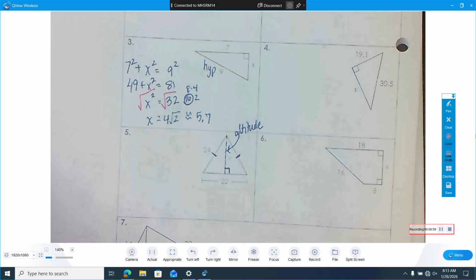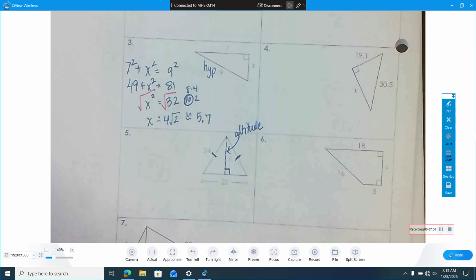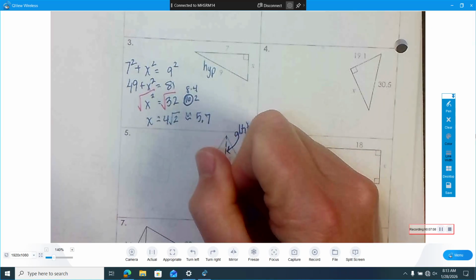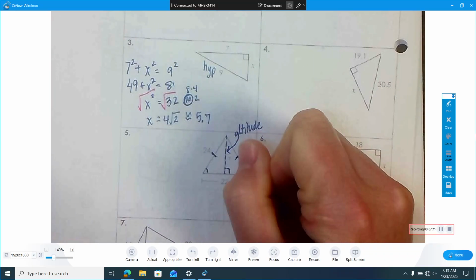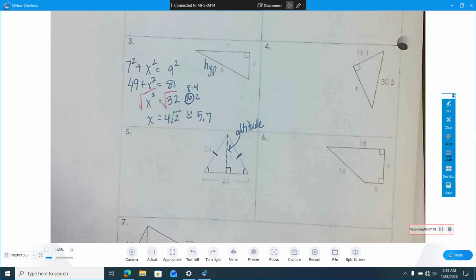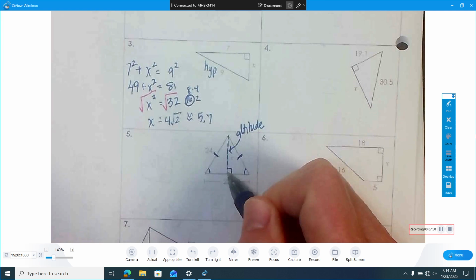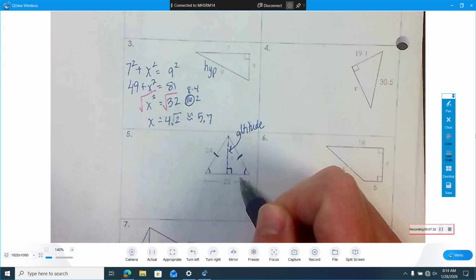What's the name of that triangle? Isosceles. Very good. It has 2 congruent sides, which means it also has 2 congruent angles, because if congruent sides, then congruent base angles. And because of that, we have congruent angles here, and another pair of congruent angles, and a congruent side.